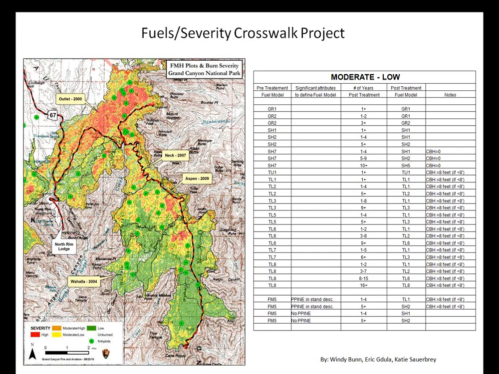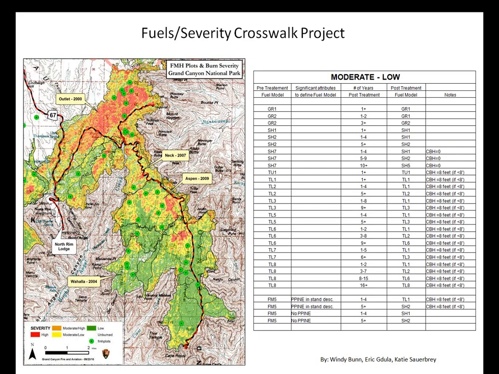So in the dead of winter, we would sit down and say, okay, if this fuel model was a TL8, and it had high severity fire, now it's a TL6 or a TL1. But what Katie's going to do is go in and put in plots and use the FMH plots to see, if the fuel type was a TL8 and it experienced a high severity fire, it actually changed to this fuel model 3 to 5 years later, and then 7 to 10 years later it's gone to this fuel model. So it'll be a good way to keep our fuels map current as well.